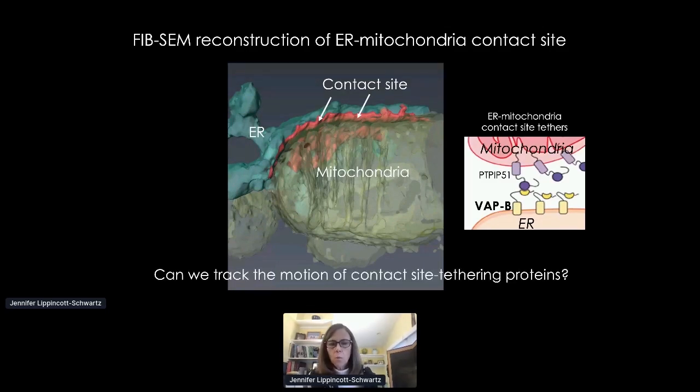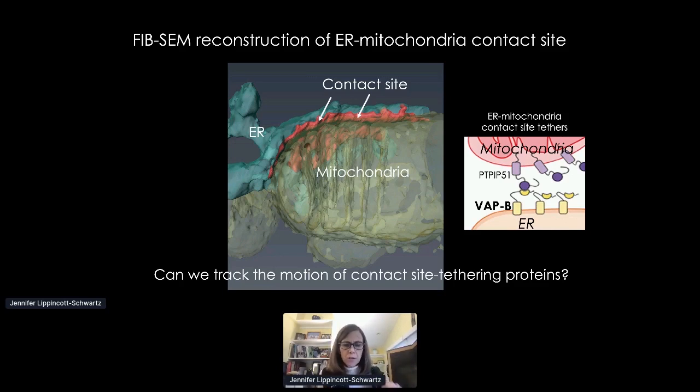So one of the things that we were interested in trying to understand is what's the dynamism of these proteins at these contact sites that allows for the overall contact sites to show a type of dynamism across the surface of the mitochondria.